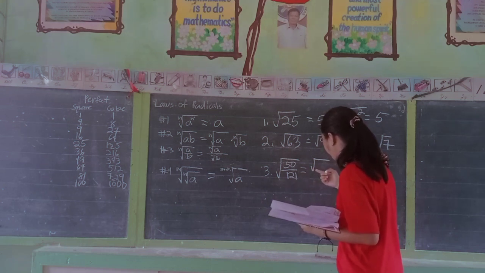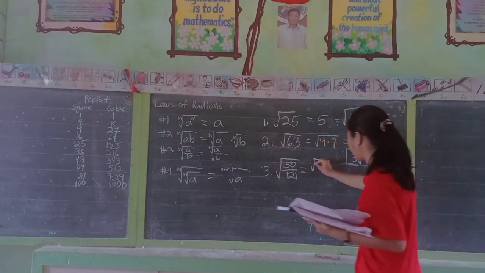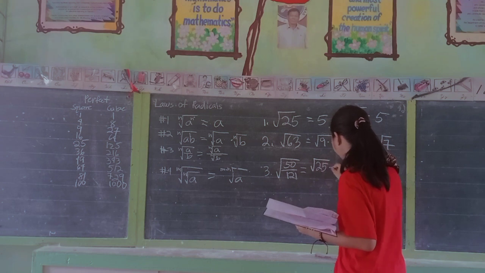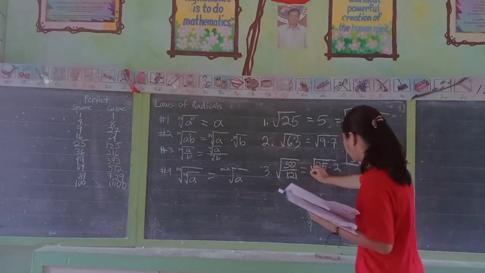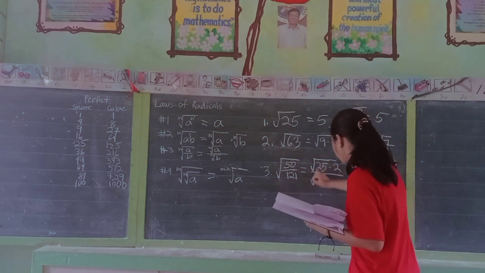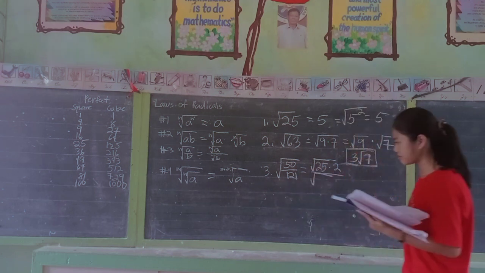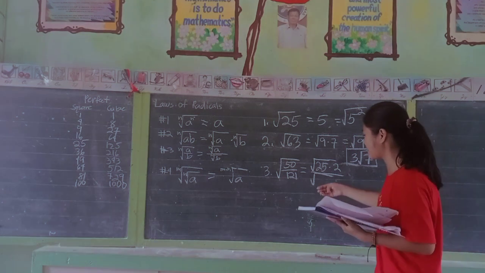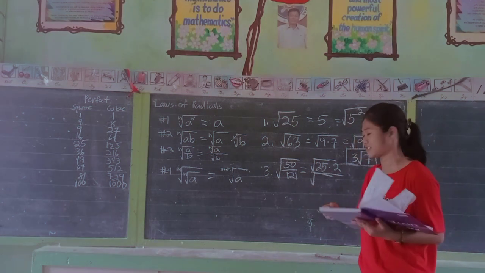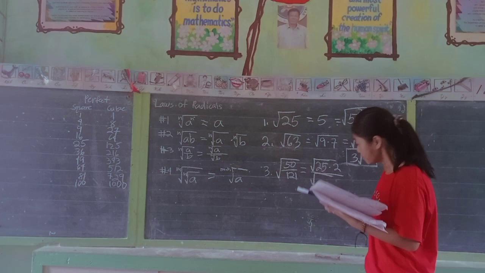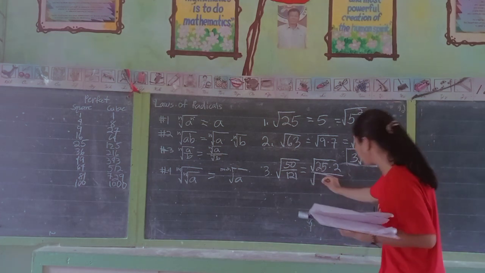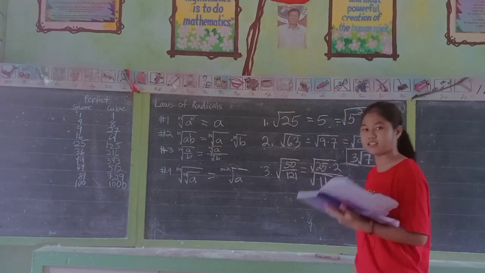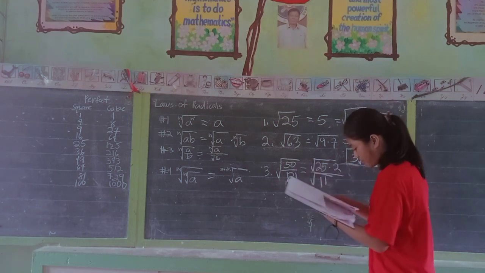The factors of 50 are 25 times 2. And then for the denominator, we need a number that when we multiply it by itself, the answer is 121. I think this is 11, because 11 times 11 is 121.